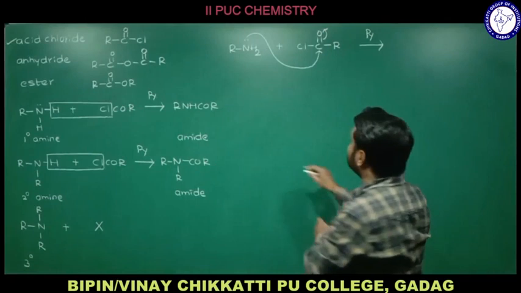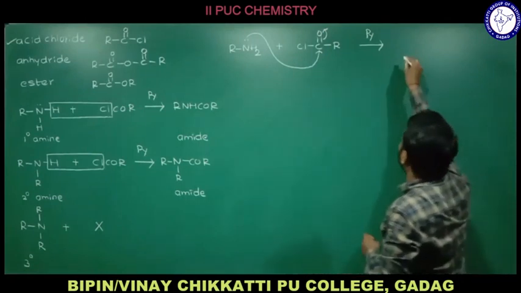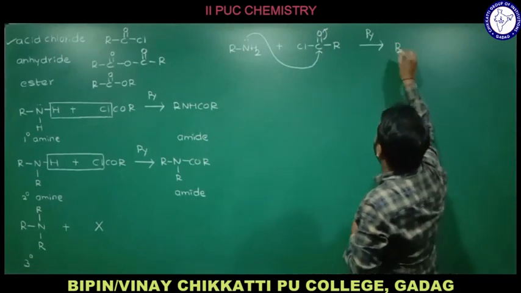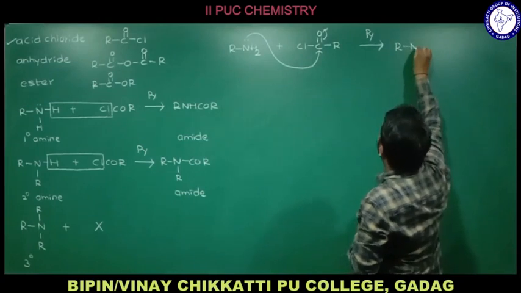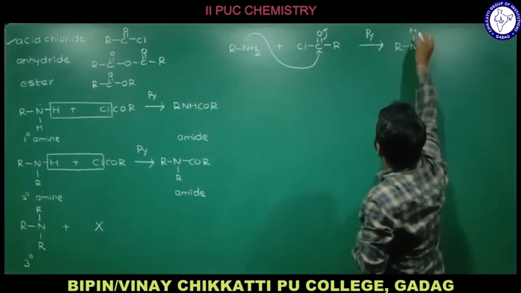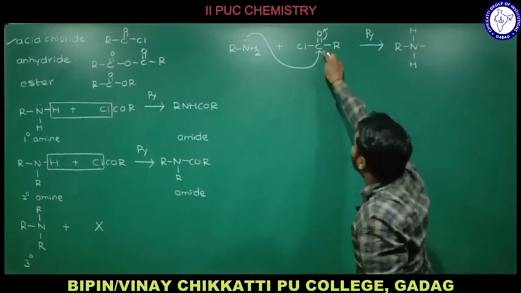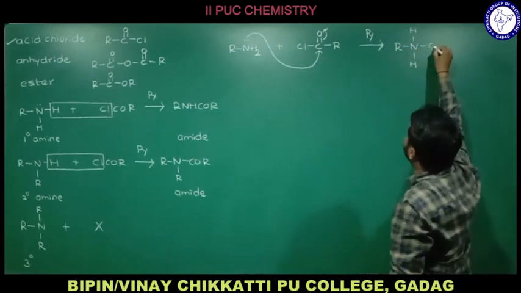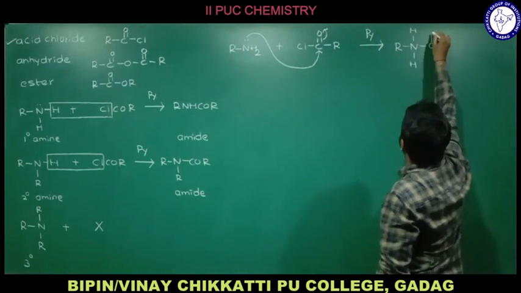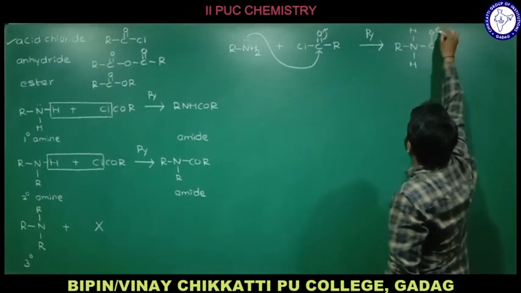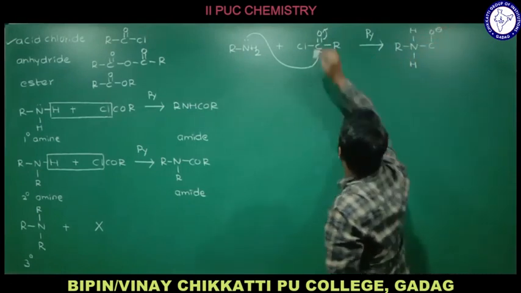So what happens after nucleophilic attack, I am going to consider here. Observe how I am going to write. RNH we have, so H I am going to write above and below, and that is going to attack this carbonyl carbon, therefore C I am going to write. The pi electrons are shifted over there, so I will write a minus, with the pi electrons shifted in this fashion.